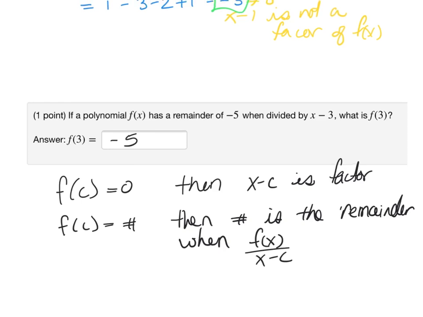Okay, well, let's just do one. I'm going to give you a polynomial: x squared plus 3x plus 2. And I want you to do synthetic division for x minus 1. I'll give you a moment to set up the synthetic division.